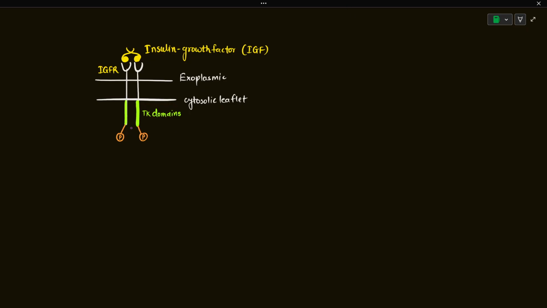There are two cases for the activation of the PI3 kinase. One is that when this RTK is getting activated, PI3 kinase will directly bind itself to the phosphotyrosine residue. PI3 kinase has a subunit known as P85, which is a regulatory subunit.